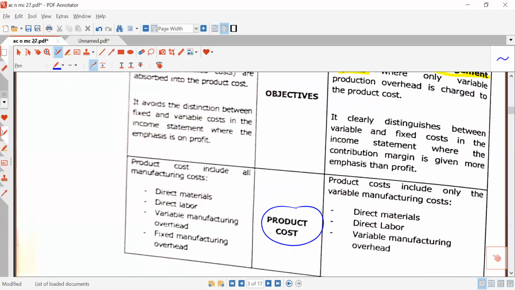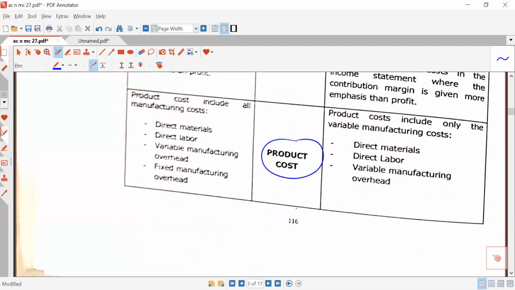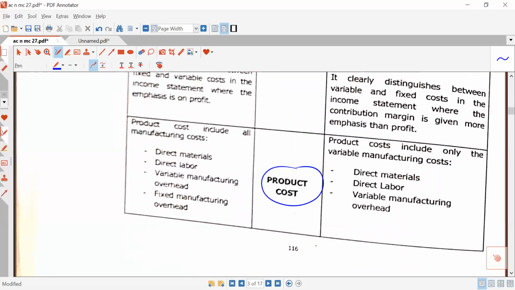Let's go back to your page. If you look at page 116, we're now going to calculate our product cost. This is your product cost, and this is also your product cost.